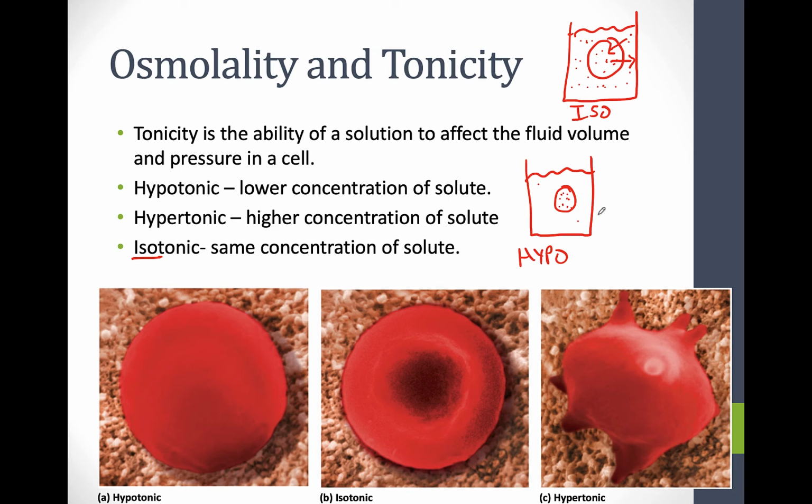So what's gonna happen here is the water wants to go from an area of high concentration, which is outside the cell, to an area of low concentration, which is inside the cell. So we're going to see a lot of water move into the cell and very teeny amounts of water moving out of the cell. So what's going to end up happening is the cell is going to get bigger.